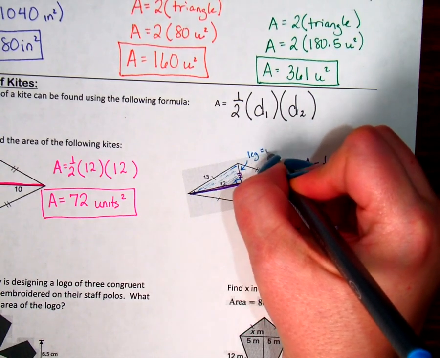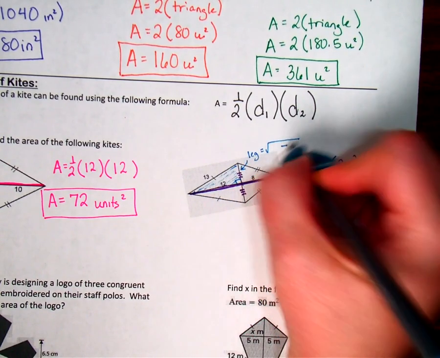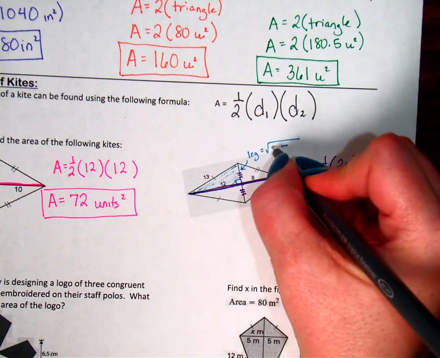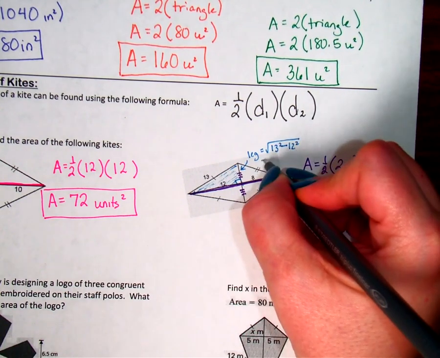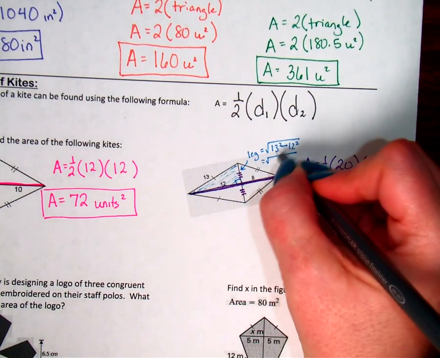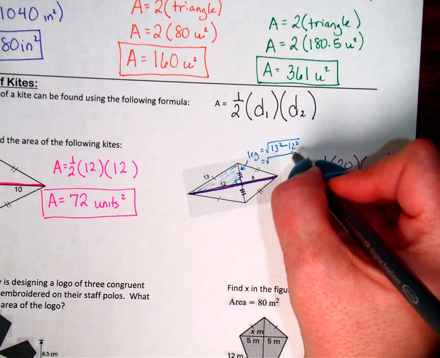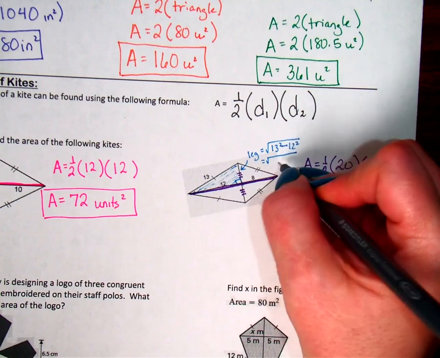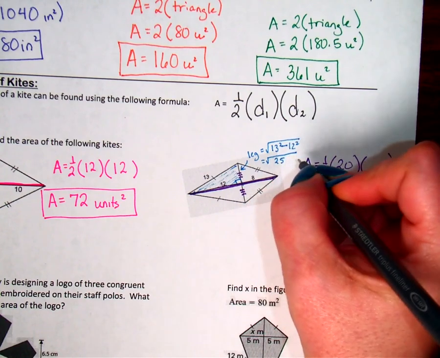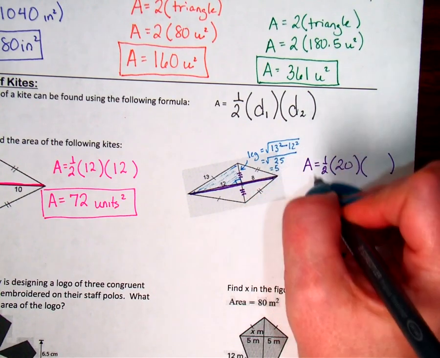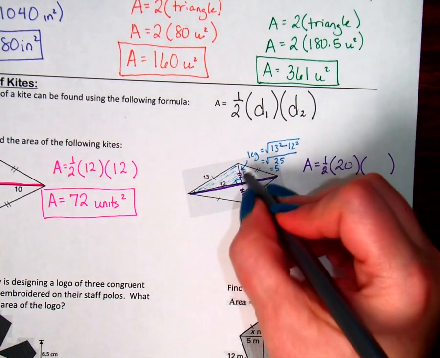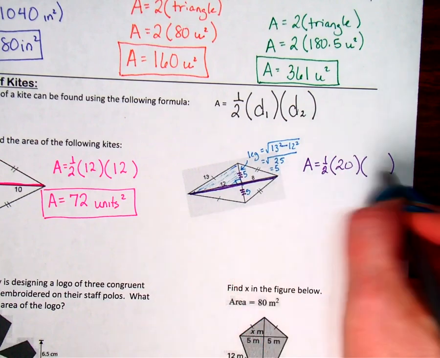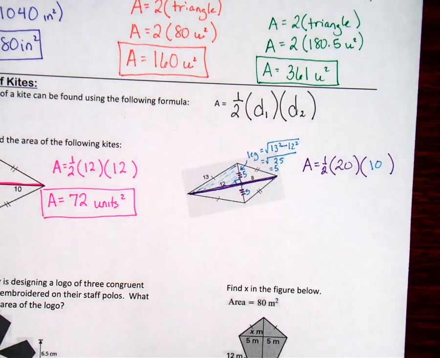Since it's a leg, in my square root I'm going to subtract 13 and 12, the bigger number goes in first. So that's going to be 13 squared is 169, minus 144. That's going to be 25. So that is 5. It comes out to a nice whole number. I love it. So those are both 5. So this is 5 plus another 5. That diagonal is 10.